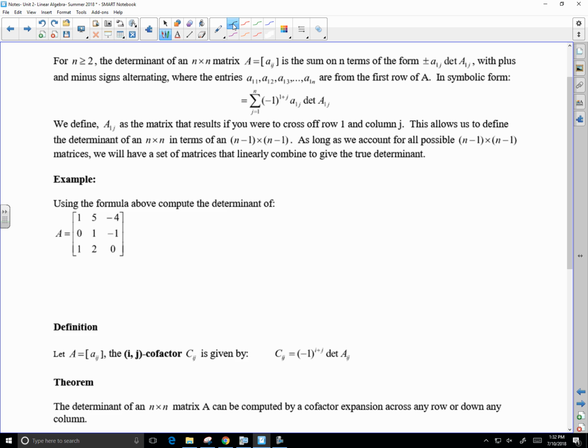First off, it's a 3 by 3 matrix, so we're talking j equals 1 to 3. All I did was rewrite the formula with a 3 on top, so I'm not really doing anything.